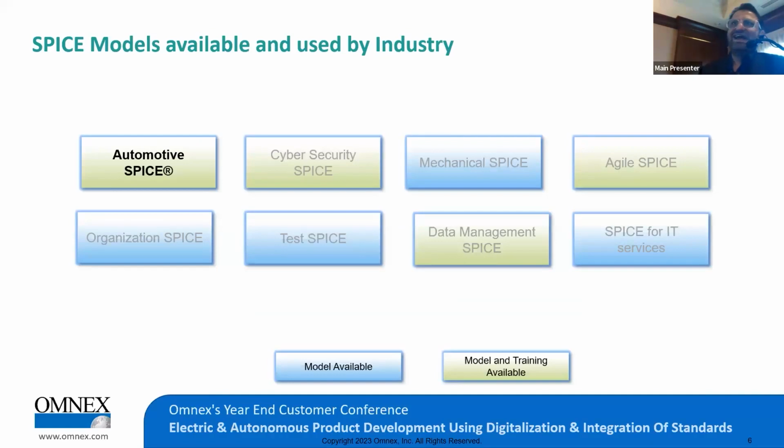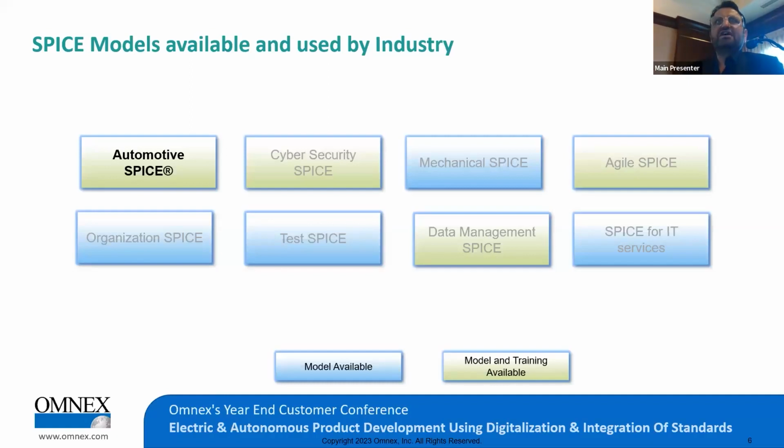I also take this opportunity to talk not only about Automotive SPICE, but in just one slide, let me tell you that the SPICE model in itself has many other models which we might know or have some idea about. It has Cybersecurity SPICE, Mechanical SPICE, Agile SPICE, and ones for organization, test, data management, and SPICE for IT.